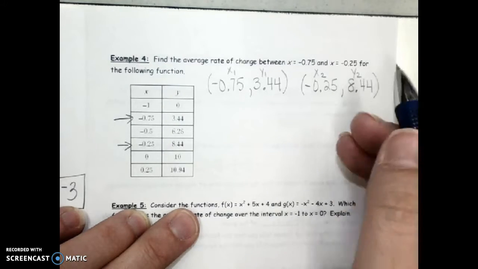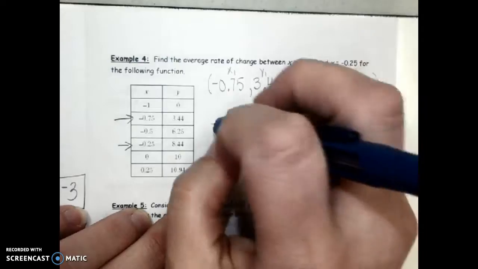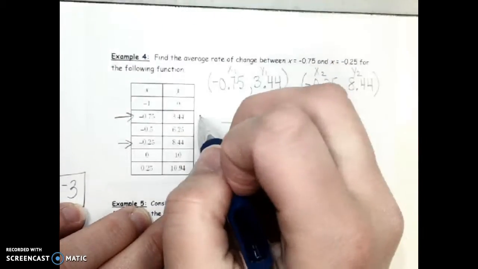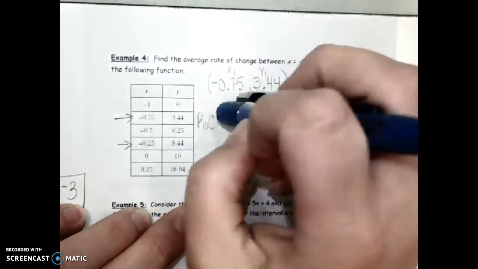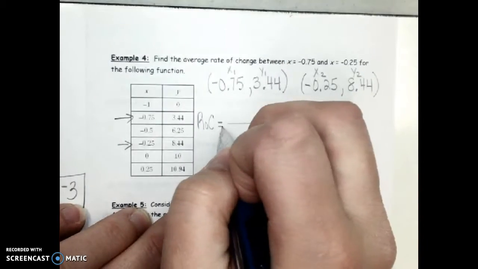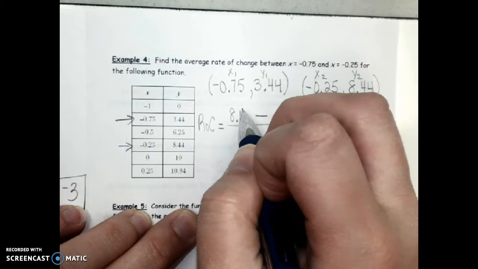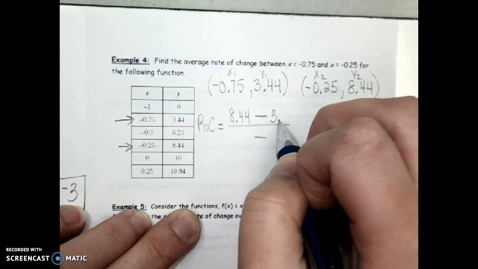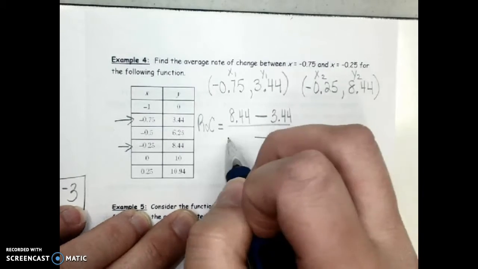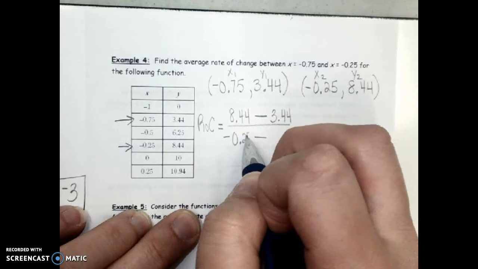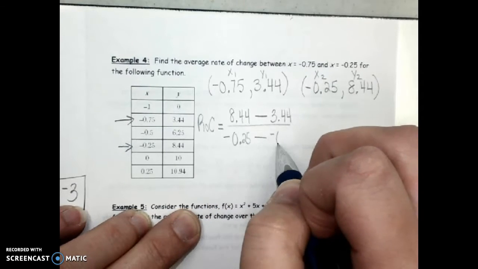So let's plug that in. Rate of change, I'm going to put ROC, equals y2, 8.44, minus y1, 3.44, over x2, -0.25, minus -0.75.